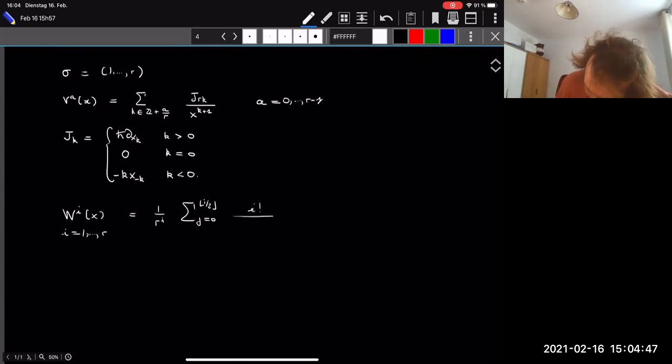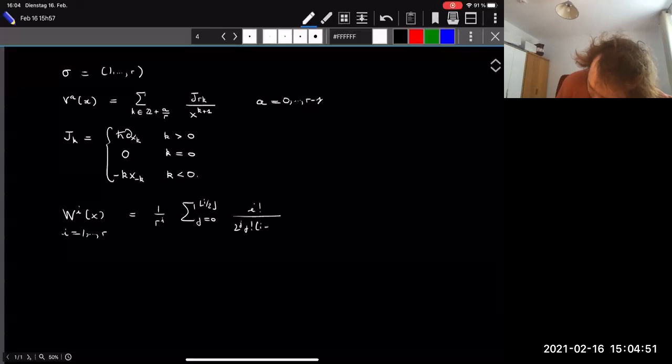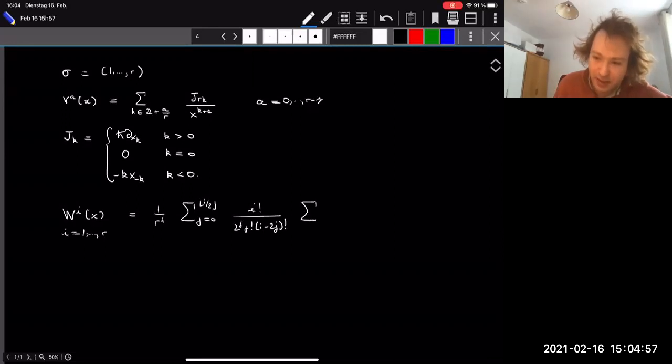So i factorial, there was a sum over pairs, so I have some combinatorial factor. All of that was coming from the elementary symmetric functions in the fields attached to the orthonormal basis, the standard basis of the Cartan. And this V_a was a Fourier basis that allows us to diagonalize the action of sigma.